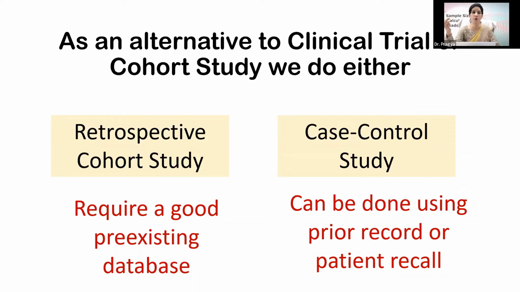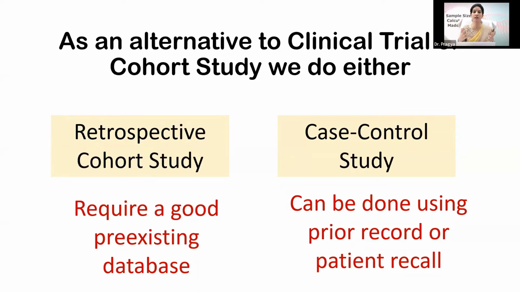So again, a good record is needed to have a good retrospective cohort or case control study, because in most cases, especially the cases, will be record based. And for controls, you can have a record based one, or you can interview people and select.